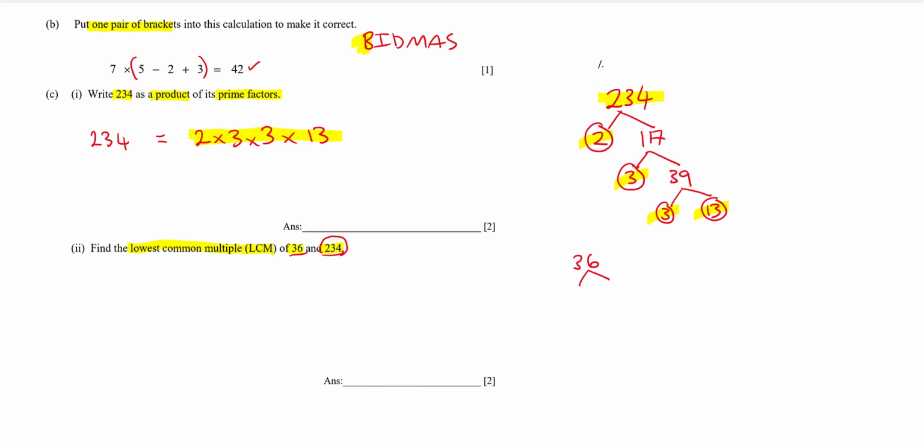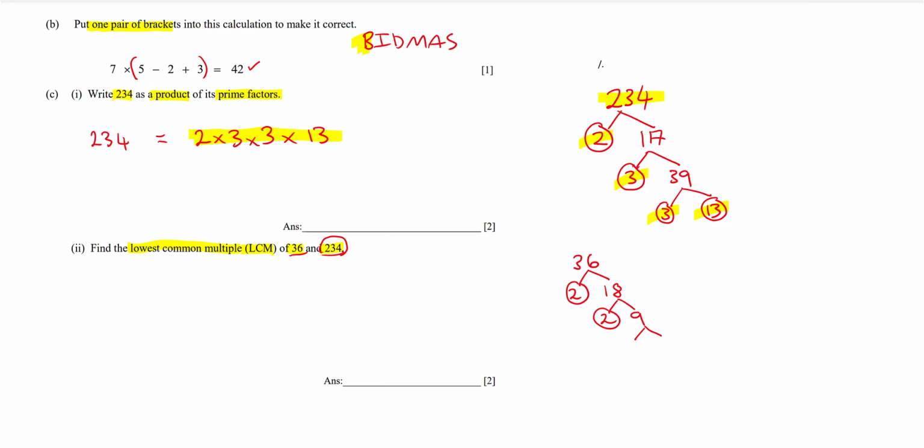So we know that it's an even number, so we know that 2 will divide into 36, and 2 times 18 is 36. So 2 is prime, and 18 is also an even number, so we have 2, and 2 times 9 is 18, so 2 is prime, so we'll circle that.